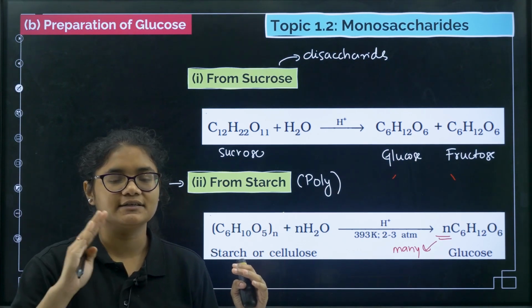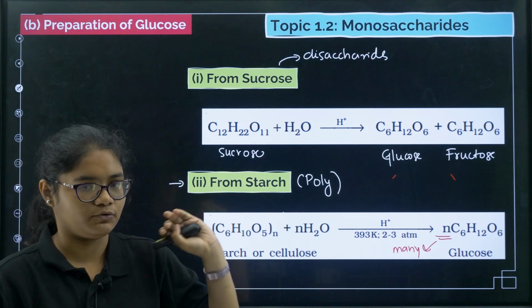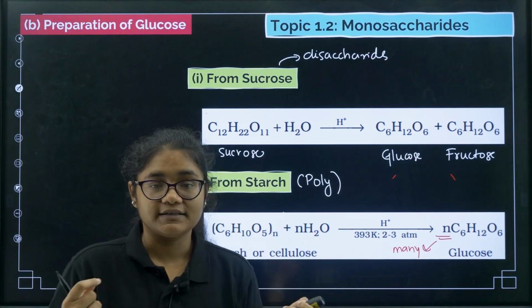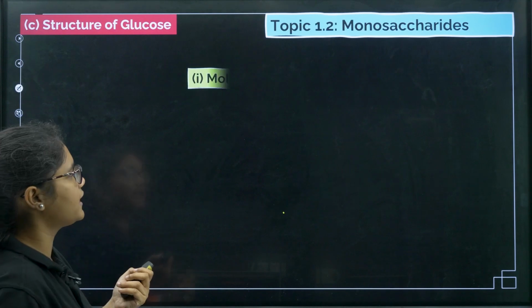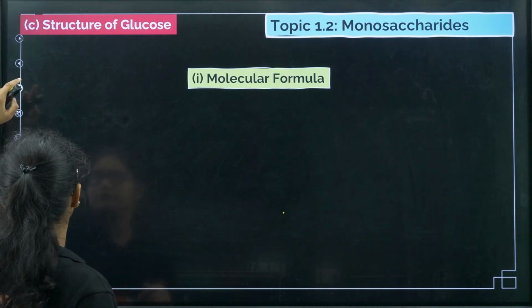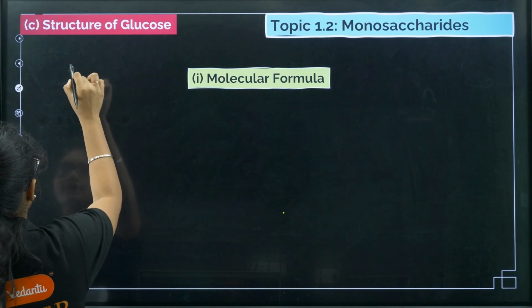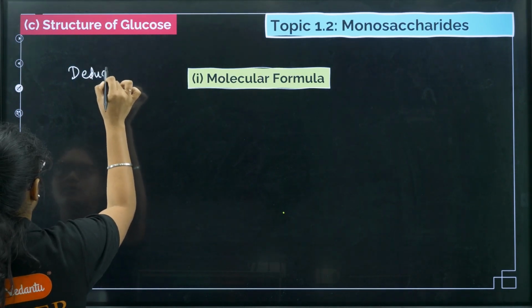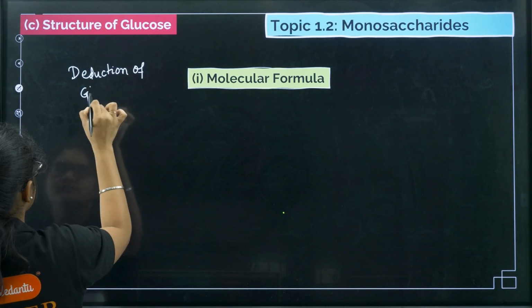Under that, first we discussed classification of monosaccharides. Next we discussed the preparation of glucose. Now we will discuss the structure of glucose. Here again, very important, what is the molecular formula of glucose? So now we are doing the deduction of glucose structure.